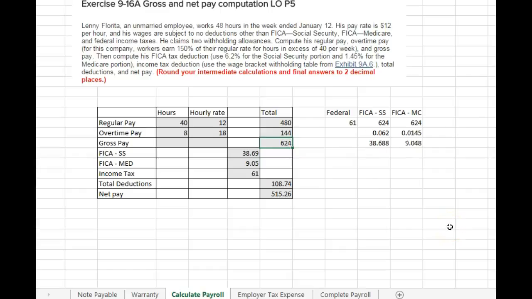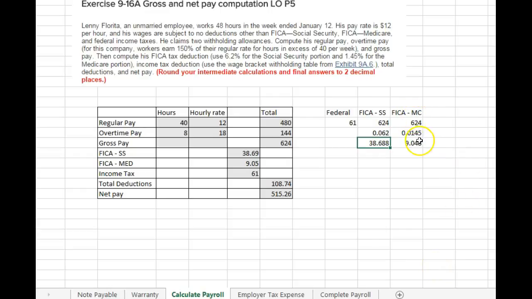Now, the gross pay is what they earn, but not what they take home, because there are deductions that come out. The first one is Social Security, and Social Security is 6.2% of gross pay. So I'll multiply gross pay times that 6.2% and come up with $38.69.